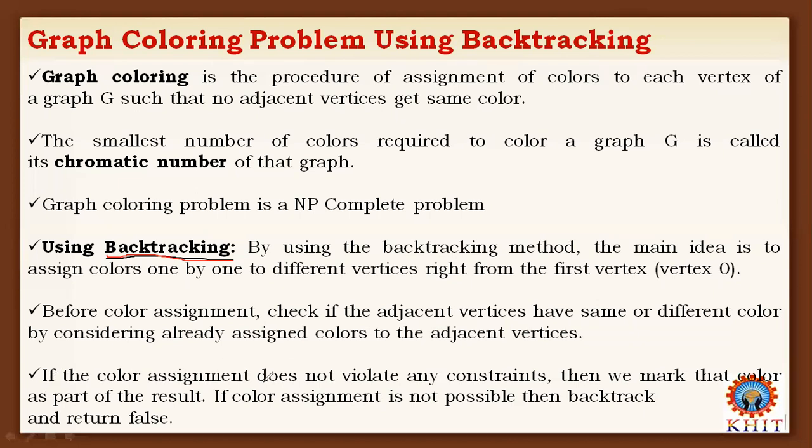If the color assigned does not violate any constraints, here the constraint being that no two adjacent vertices have the same color, which is the rule of the graph coloring problem, then we mark that color as part of the result.